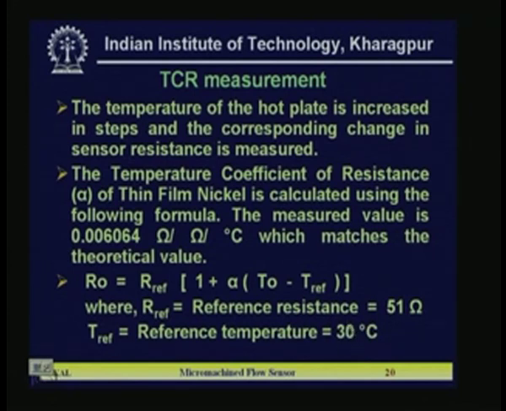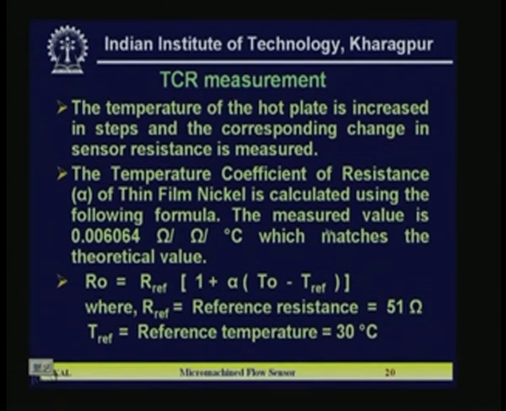We assume the reference temperature is ambient temperature, which on that particular day may be 30 degree centigrade, and at that temperature the resistance of the nickel film is 51 ohm. So, R naught is known, R reference is known, T naught and T reference are known, so alpha you can calculate easily from this relation.